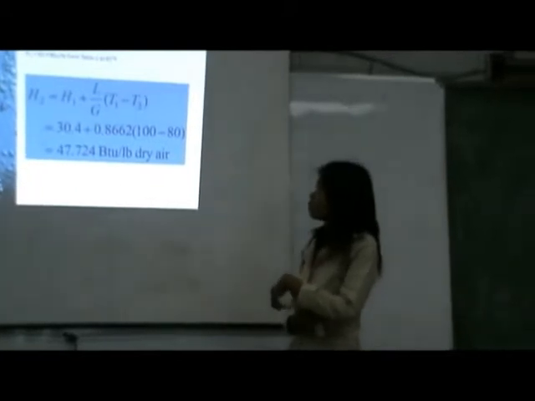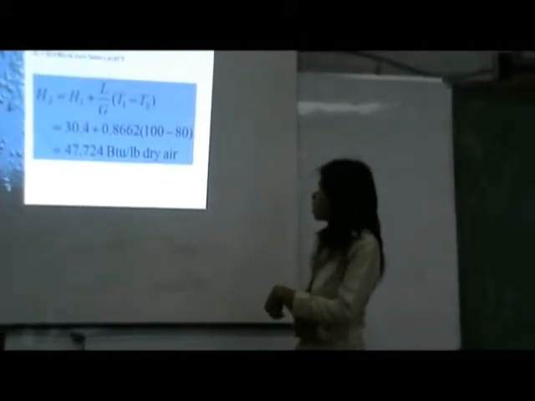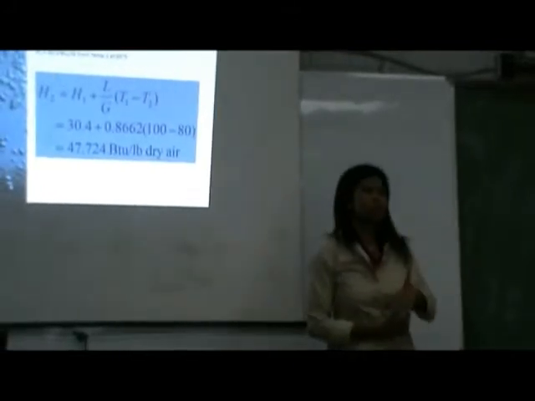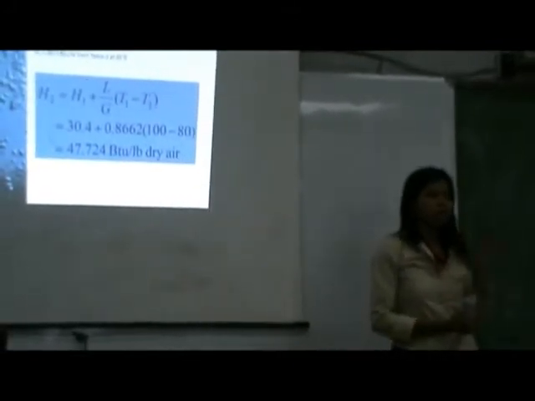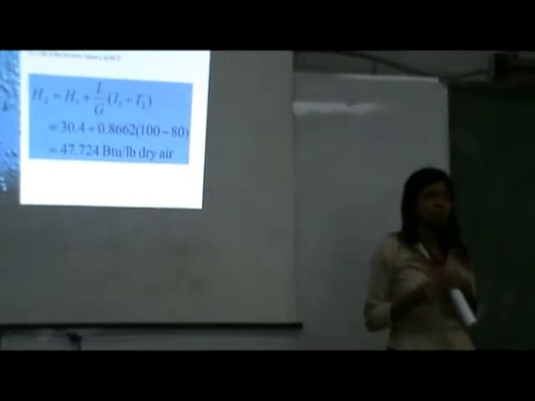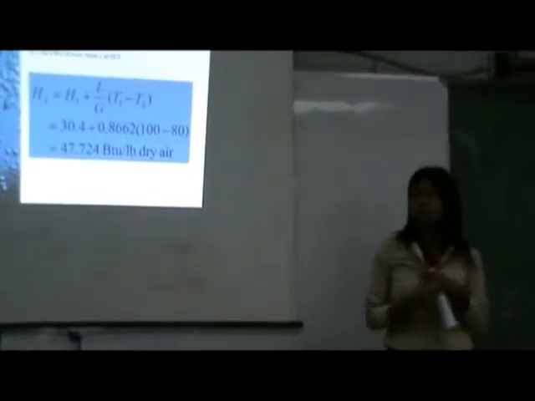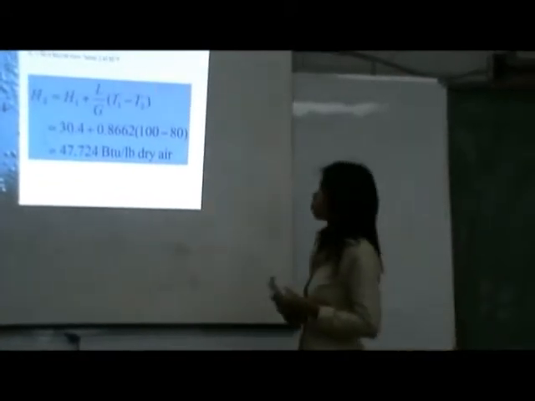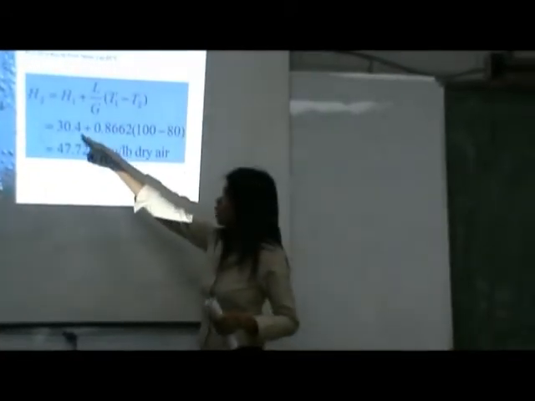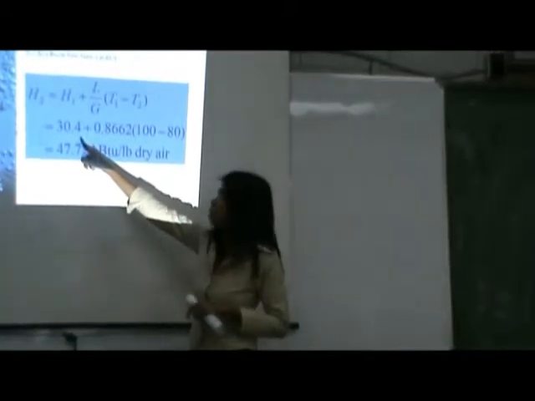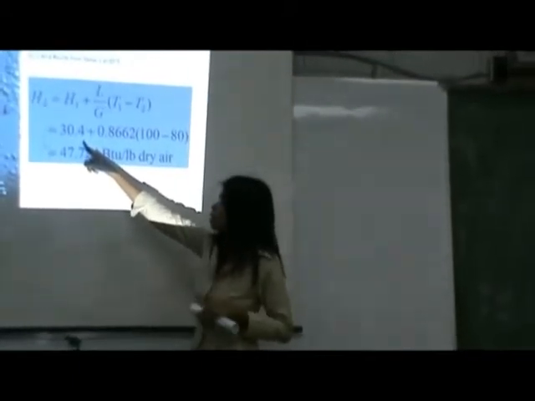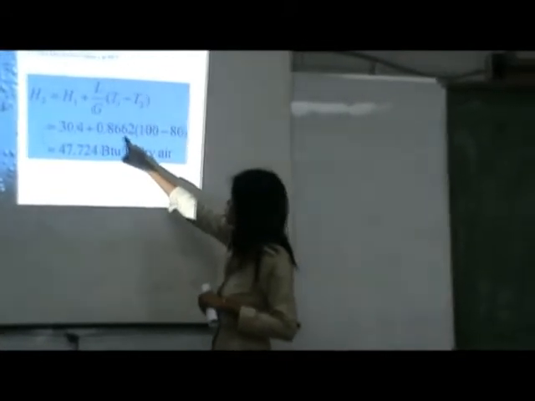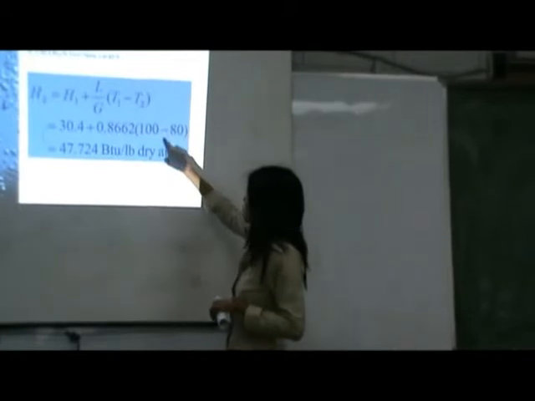So next is the computation of our H2, or enthalpy, at various temperatures. We will consider here temperatures in a range of 80 to 100, where 80 is our cold water temperature and 100 is our hot water temperature. So this will be constant, our H1, the saturation enthalpy at 65 degrees Fahrenheit, L over G, which was obtained previously, 0.862, and T1 minus T2.